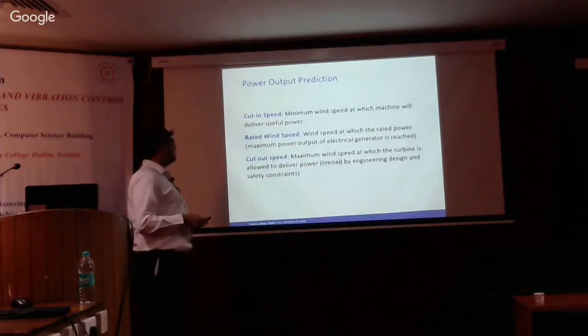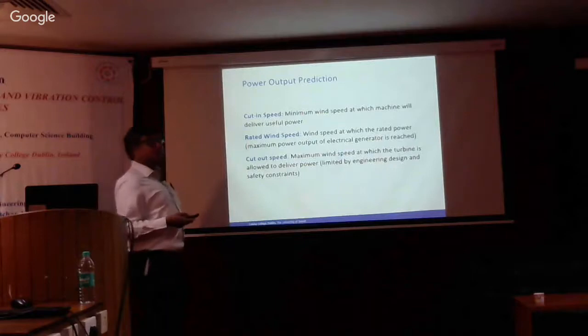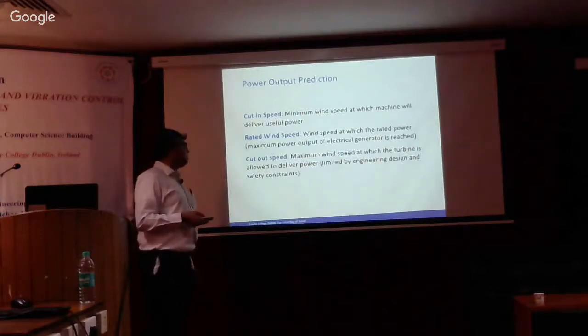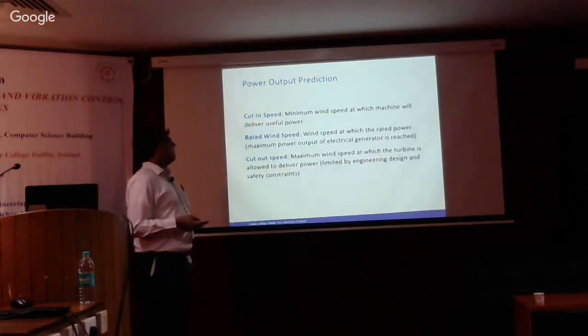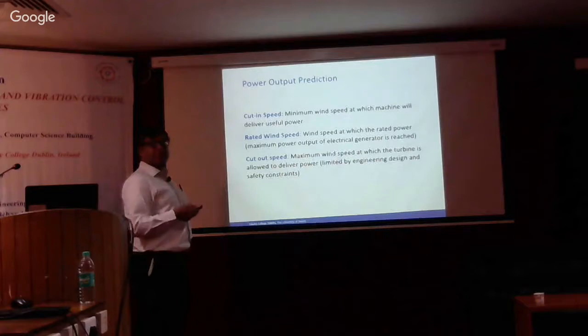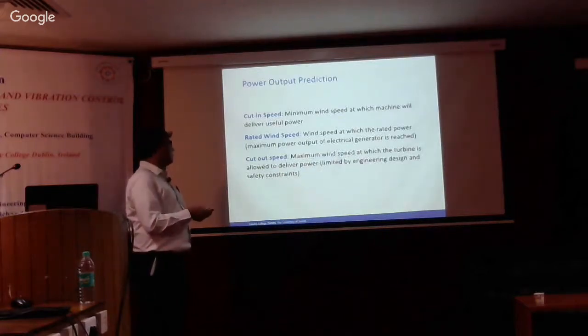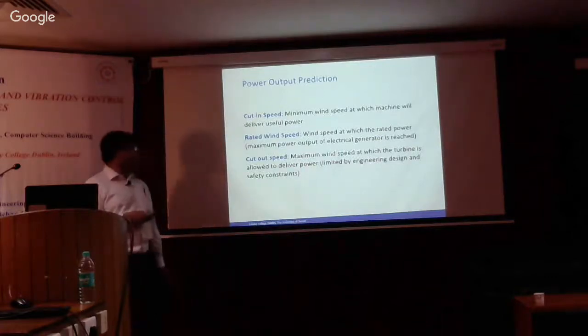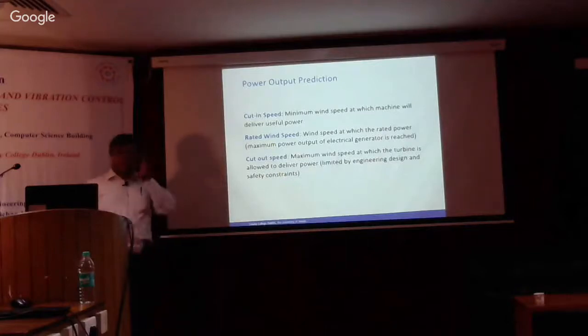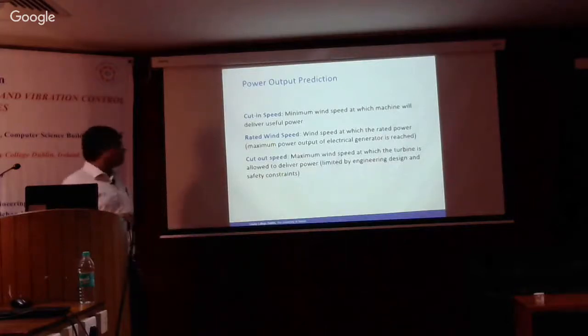The minimum wind speed at which the machine will deliver useful power is called the cut-in speed. The rated speed is at which it gives the highest or maximum power, and it's corresponding to the electrical generator, obviously. And then the third one is cutout speed, which is where it stops, essentially the maximum speed the turbine is allowed to deliver power. It's mainly governed by the design and safe operation capability.